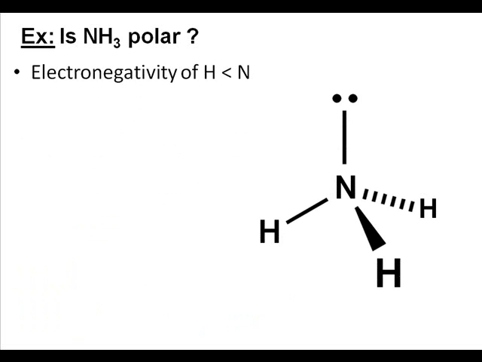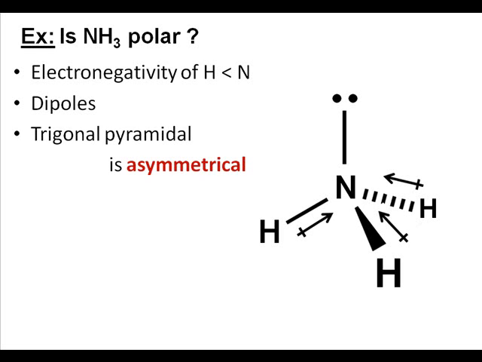Now, here what we notice is that hydrogen has less electronegativity than the nitrogen. Therefore, the dipoles are all facing into the nitrogen. The result is they're not canceling, they're additive. The dipoles are asymmetrical.